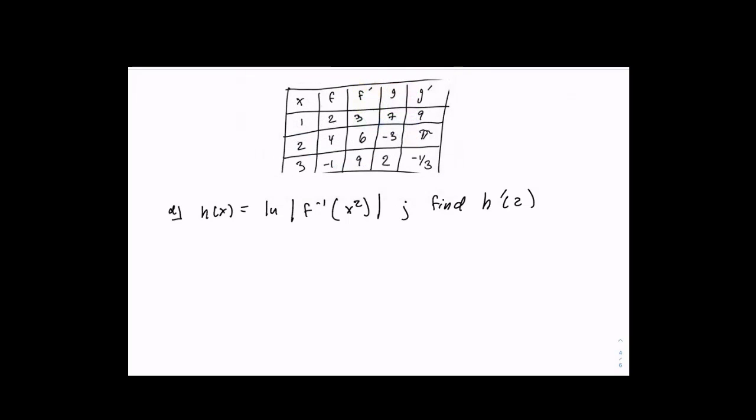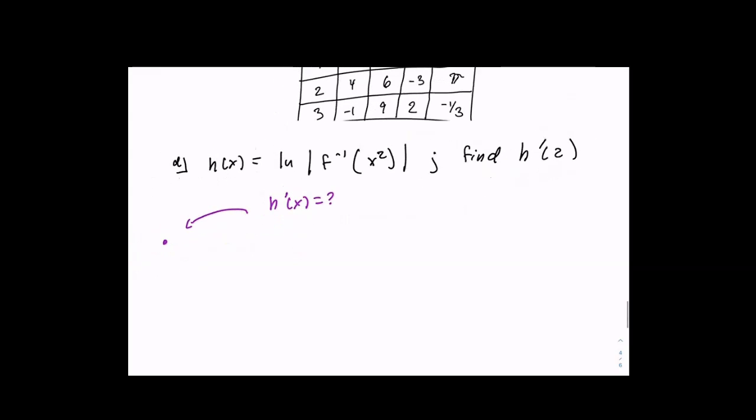So the first thing I need to find, as we've already gone over, is h prime of x. And when I find h prime of x, I have to realize what type of problem this is.